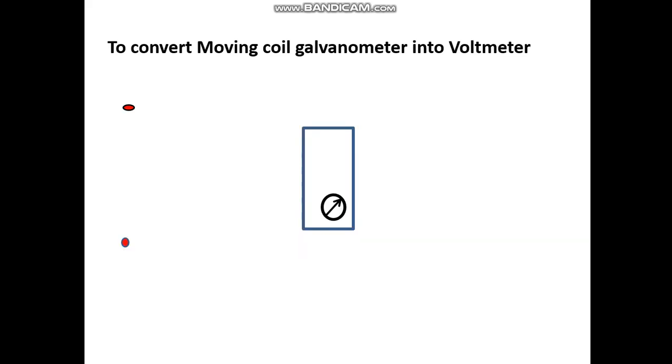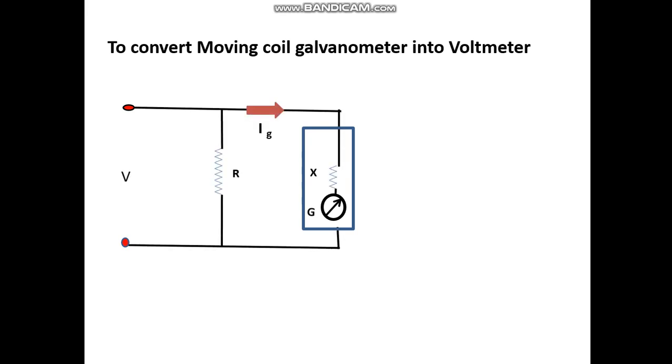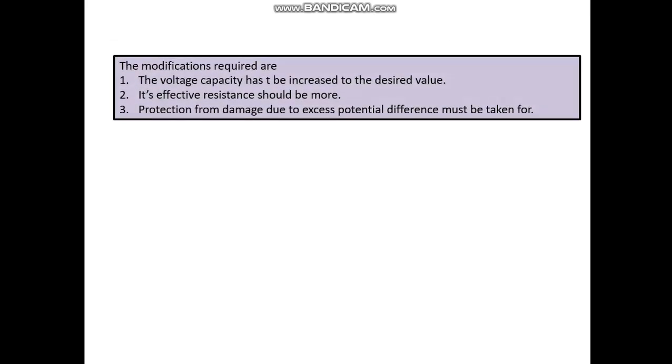Now let us see how to convert this moving coil galvanometer into a voltmeter. This is the galvanometer which is connected to a high resistance X. R is the external resistance across which the voltage V is measured. Thus, the modifications required are: the voltage capacity has to be increased to the desired value.